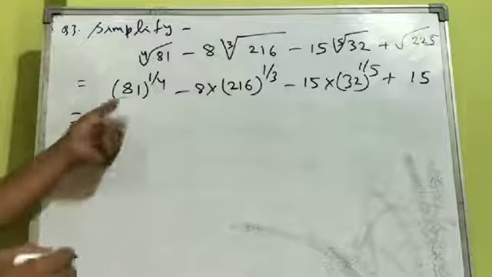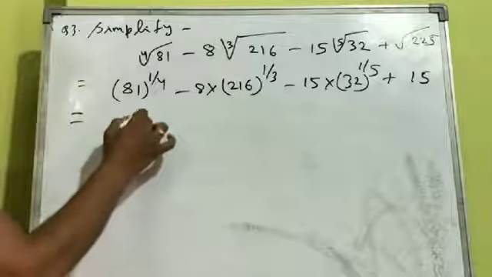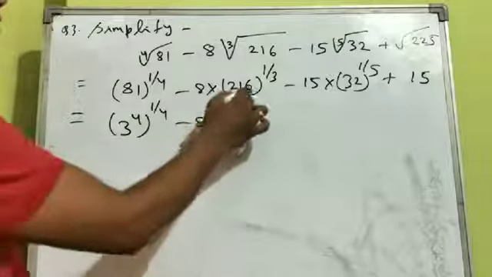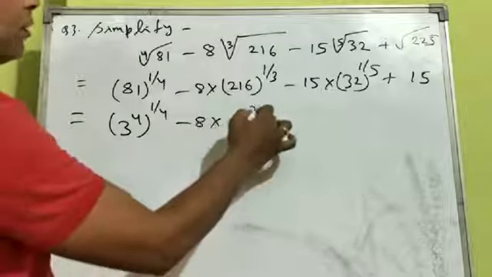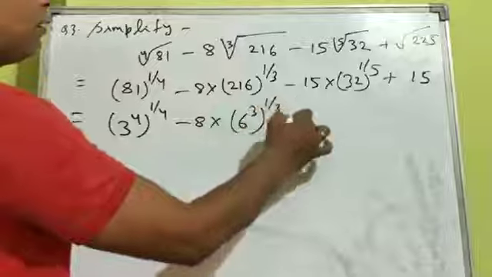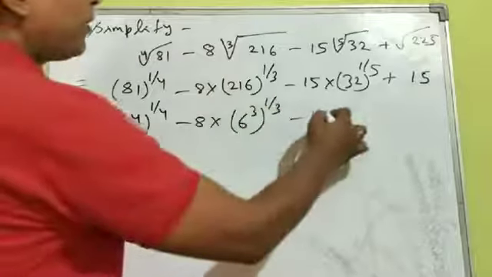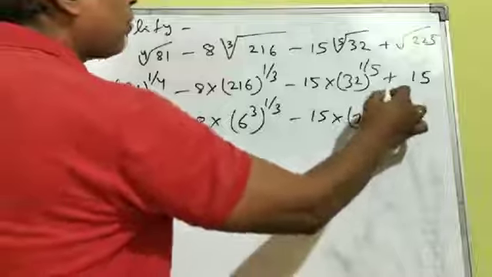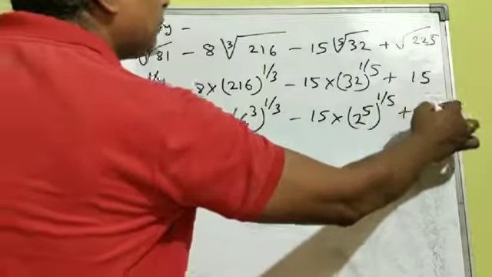Now 81 can be expressed as (3⁴)^(1/4) minus 8 × (6³)^(1/3) minus 15 × (2⁵)^(1/5) plus 15.